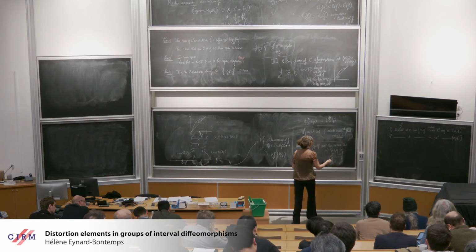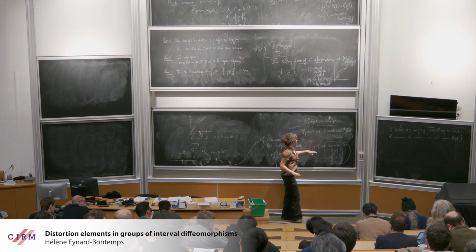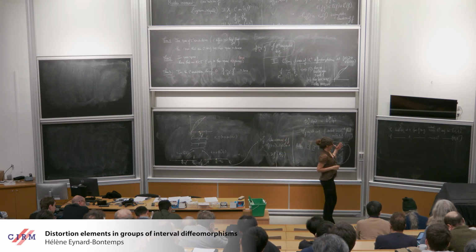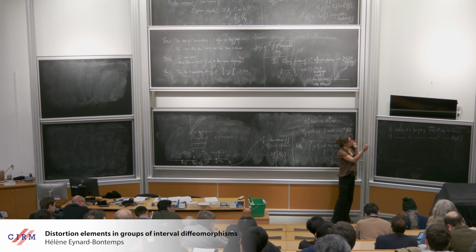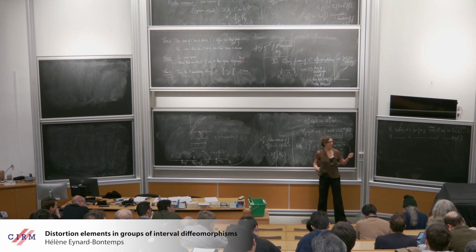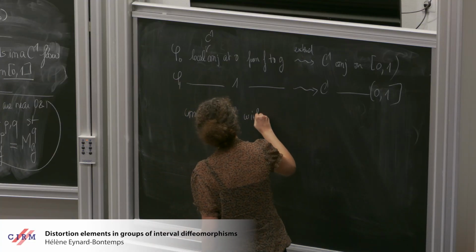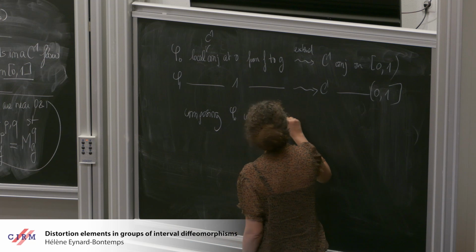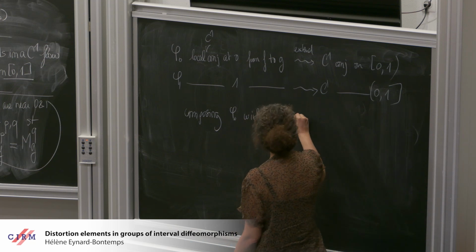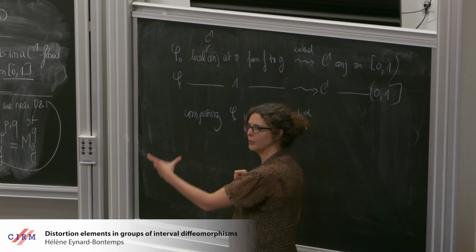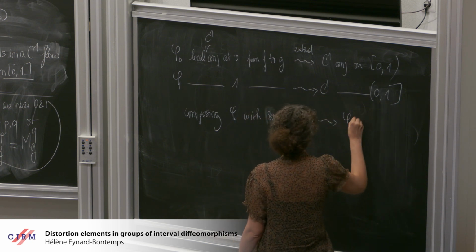So I assume that this is true, and I want to prove that f and g are C1 conjugated on the whole segment. So now I just have one conjugacy on the interval minus 1 and one on the interval minus 0. The first thing I claim is that composing phi 0 with some element of the C1 centralizer of f, an element of the flow of X, the C1 centralizer on the left, you can assume that phi 0 sends P to Q.